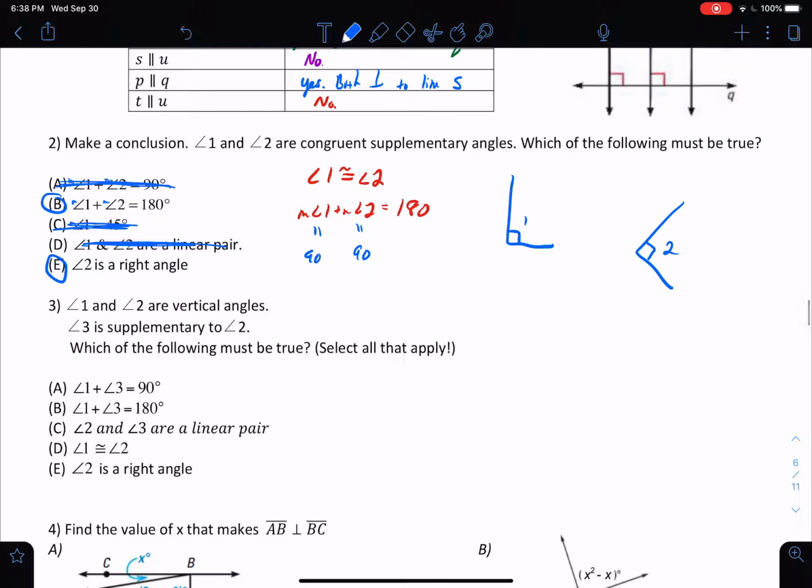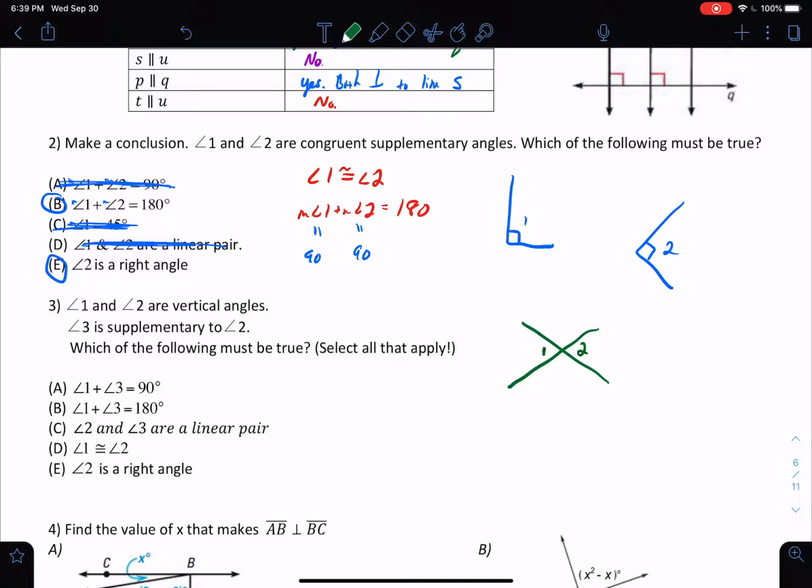Angle 1 and angle 2 are vertical angles. So I'm going to draw a diagram here. My two straight lines, I'm going to call this one angle 1 and this one angle 2. And then angle 3 is supplementary to angle 2.